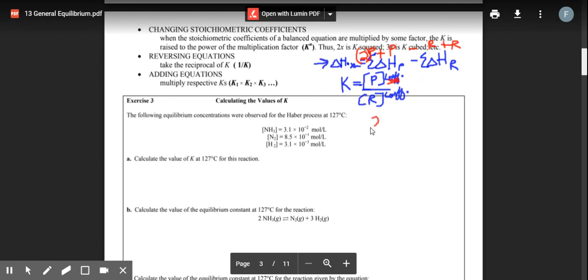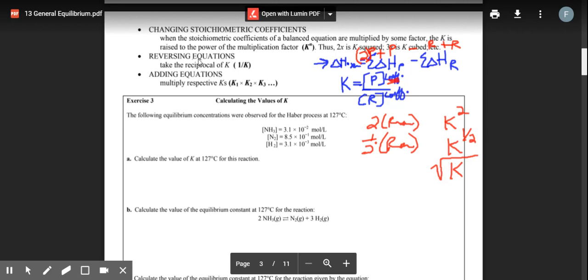So for instance, if I multiply 2 throughout a reaction, to alter K, I got to raise K to that power. If I take a reaction and I cut it in half, then to manipulate K, I raise it to the 1/2. And raising K to the 1/2 is the same thing as taking the square root.